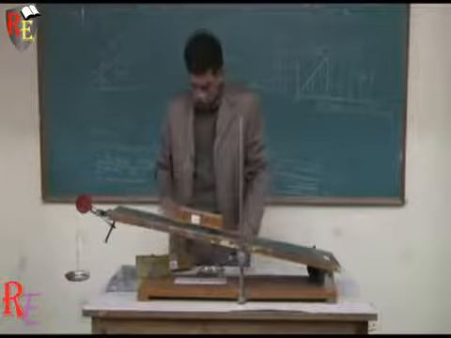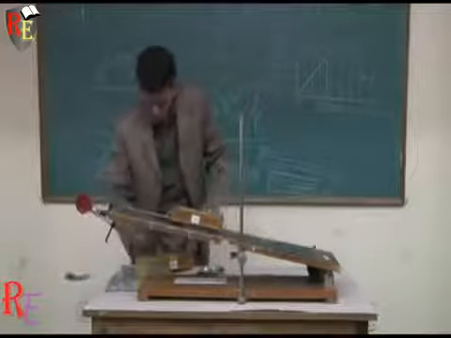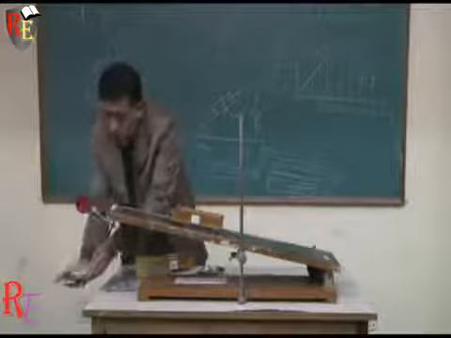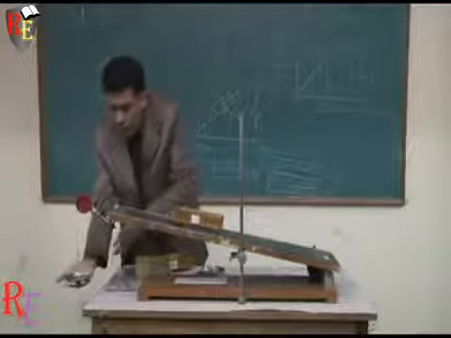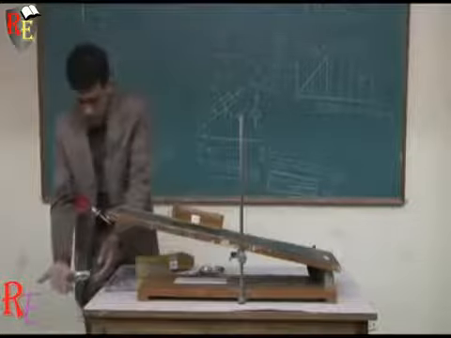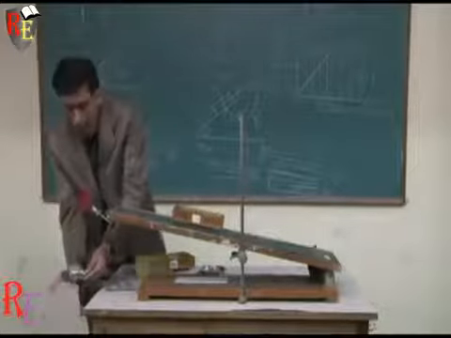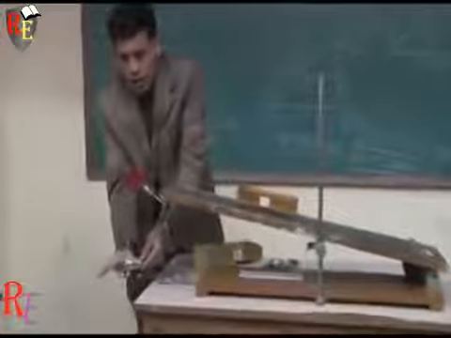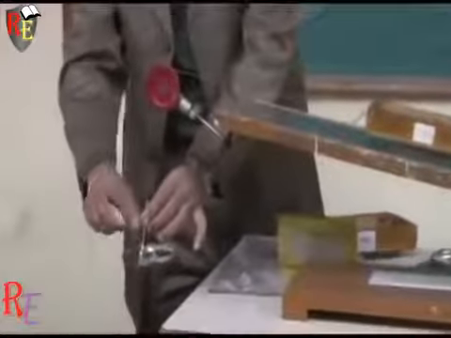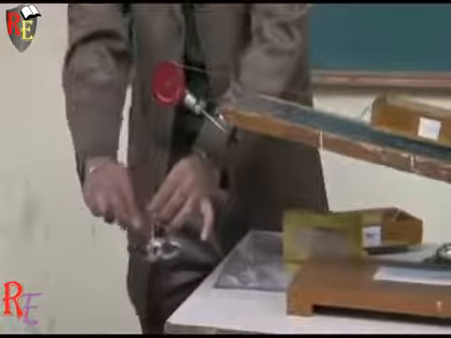Then I would apply certain weight on the pan. The weight should be applied gradually, and this pan should be parallel to the horizontal, and this would be possible if these three strings are equal in size.